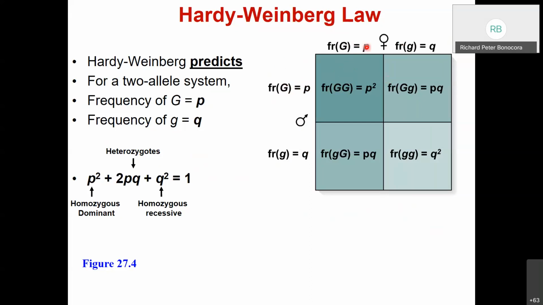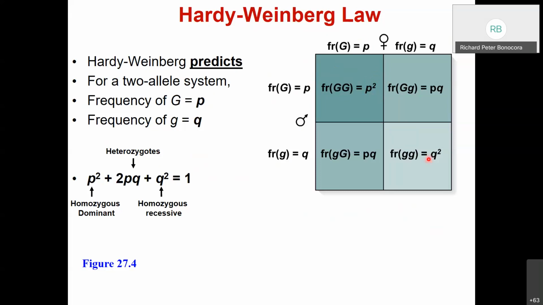This allele is going to be p, and it's also p coming from the father. Since whether or not these alleles come together in fertilization is random, it will be the product of these two: p times p, or p squared. So p squared defines the homozygous dominant individuals.